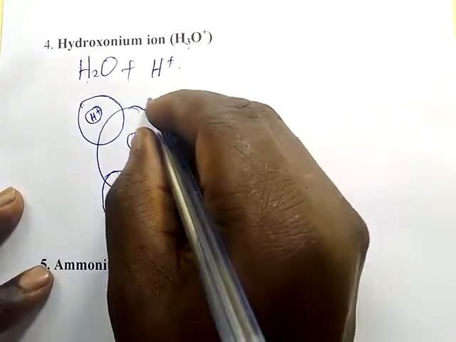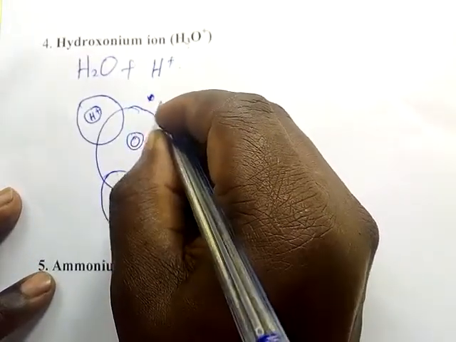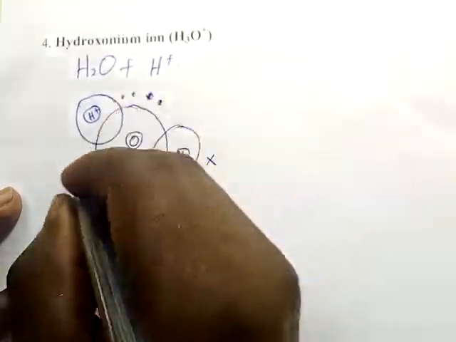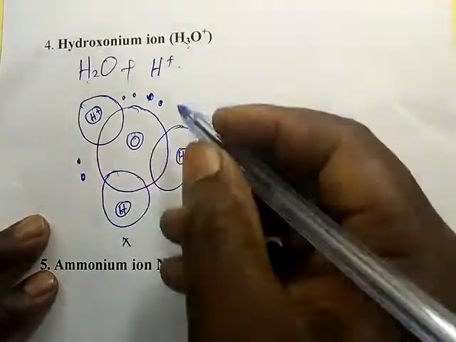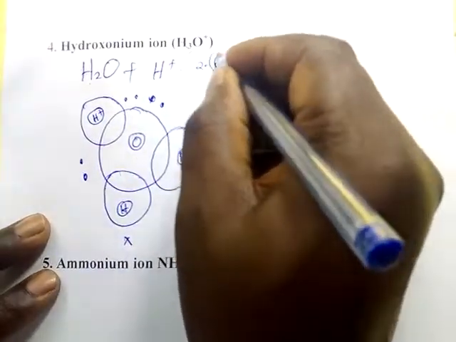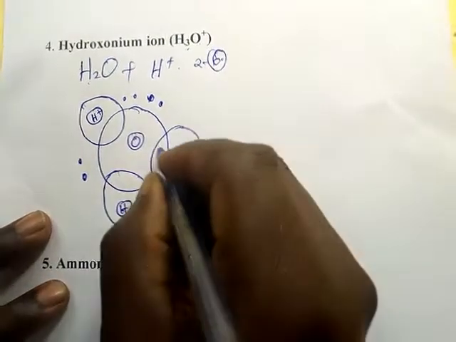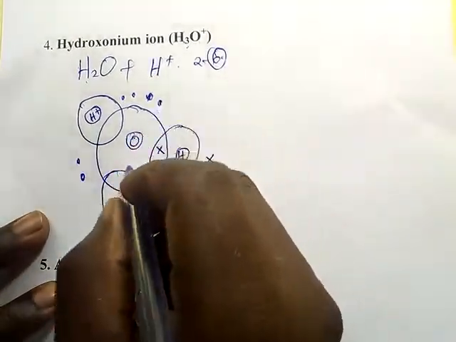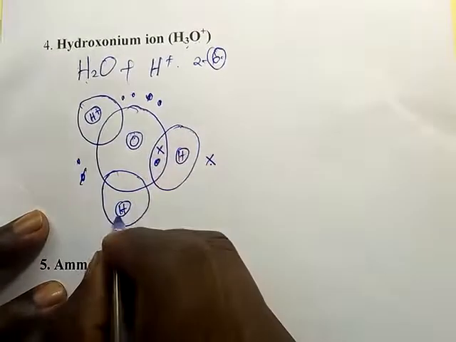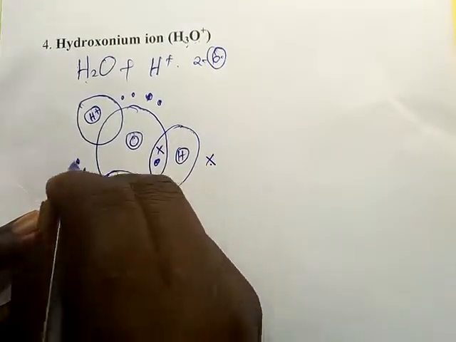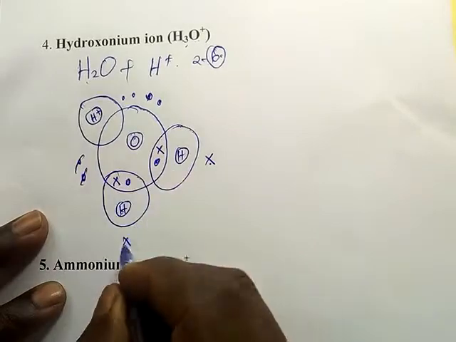Oxygen has 6 electrons, 1, 2, 3, 4, 5, 6, in its outermost energy level. So this one shares 1. Hydrogen provides 1, this one provides 1.